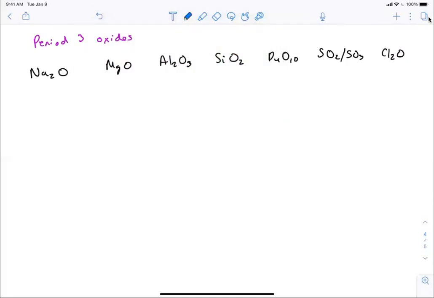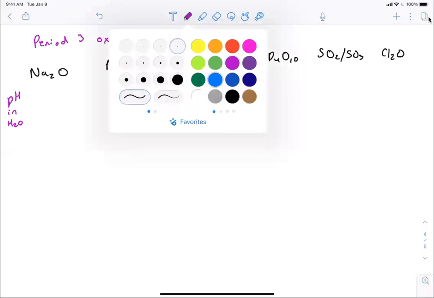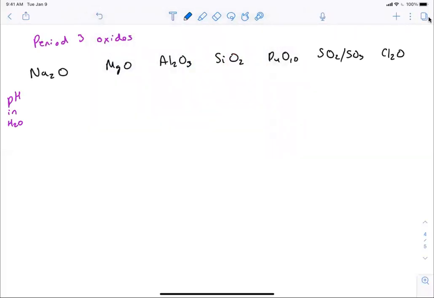let's see, how do I want to do this? We'll do this as pH in water. And let me illustrate it in a slightly different way than I have before. Don't draw this yet, but I'm going to try to show you. Let's see if this actually works visually. I'm not exactly sure if it's going to work.